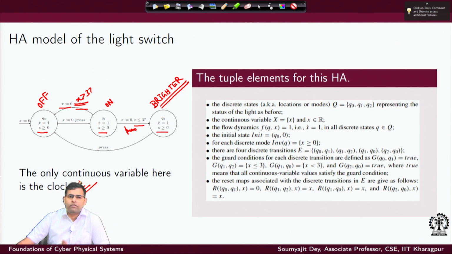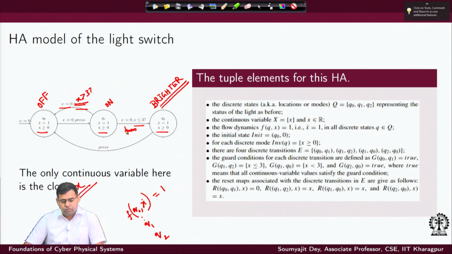That means what is its rate of change with time, this being itself time, the rate of change is 1. So x dot equal to 1. So my flow function here is f of q0, x dot equal to 1, and that is so in all the other cases, in place of q1, in place of q2, because it is the time variable. So everywhere it's 1. That's my flow function or the vector field. It's for only one continuous variable, and it's simple, x dot equal to 1 everywhere.